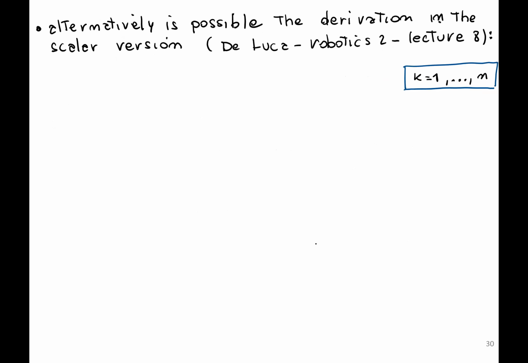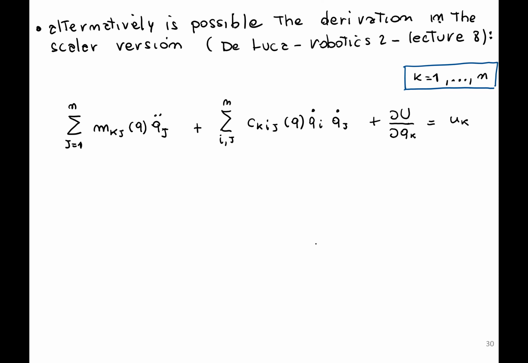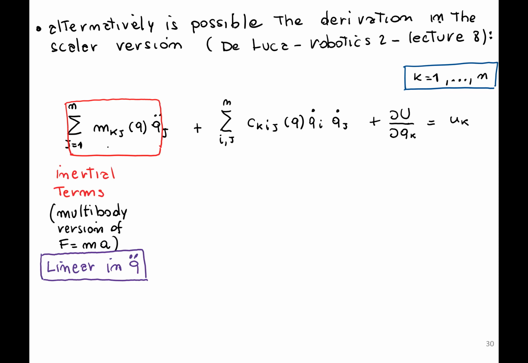And alternatively, it's possible to have the scalar version of this, where we do the computation for each component of the mass matrix. And we can see, if we look at one line of the Lagrange equation for one joint, the k-th joint, but we have n of them.